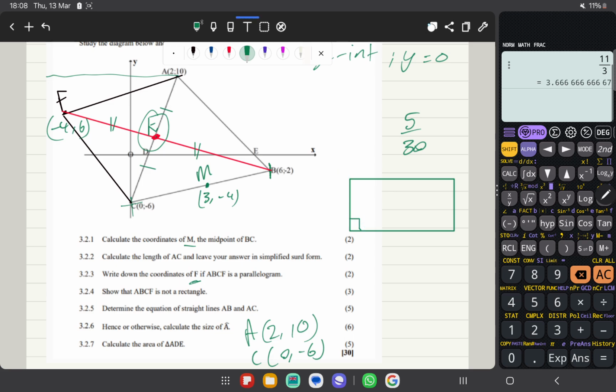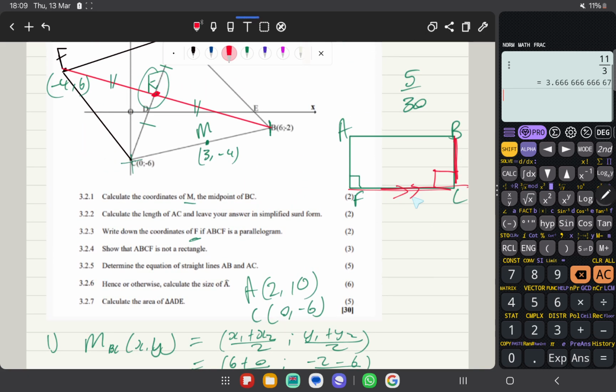So if this is A, B, C, the lines BC and this line right here must be perpendicular, right? And that's what I showed to say they're not perpendicular, and therefore it cannot be a rectangle. We must have 90 degrees there.